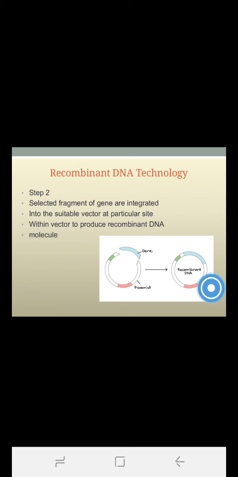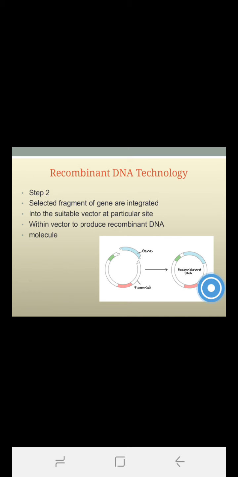In that vector, different sites are there, and antibiotic resistance genes, which are called markers, are present in that vector. We have to integrate the gene fragment or desired DNA fragment into a suitable site. For this purpose, we have to perform cleavage. We have to cut that vector at a particular base sequence so that we can integrate the gene fragment into the vector.